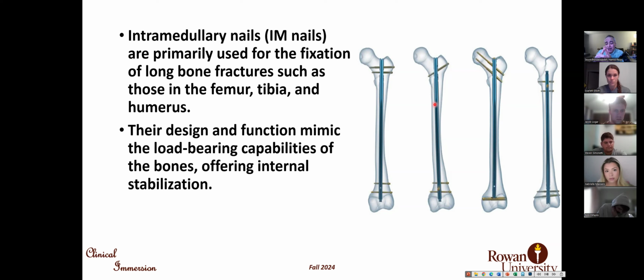And rarely we use them in bones of the forearm, long bones of the forearm. But we never use intramedullary nailing for short bones or irregular bones.